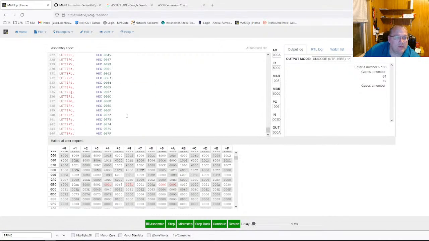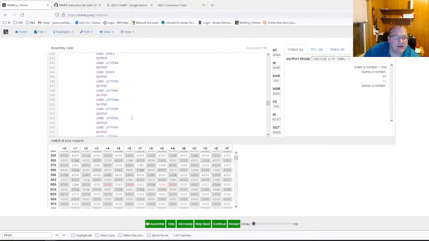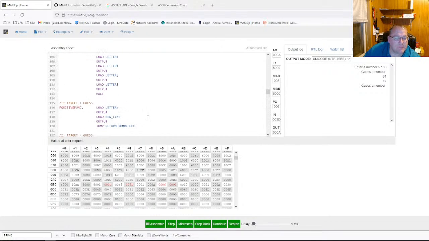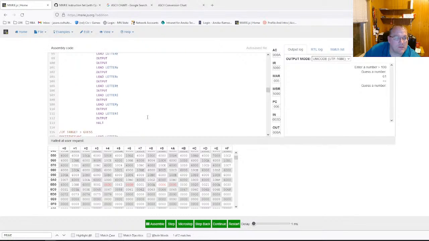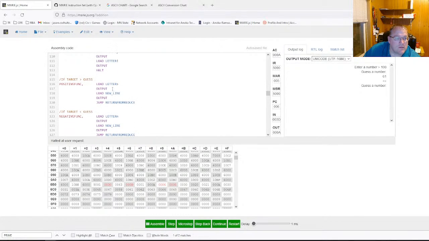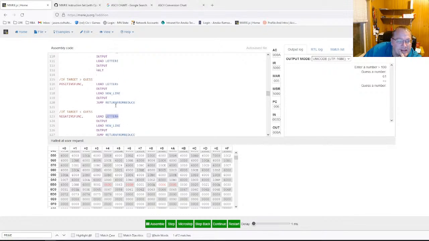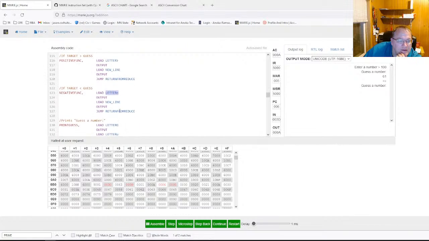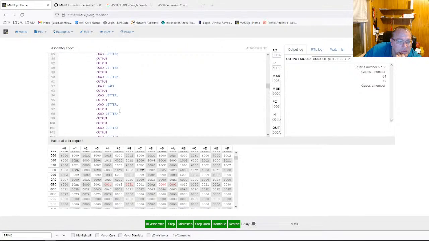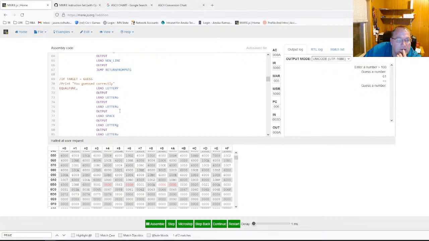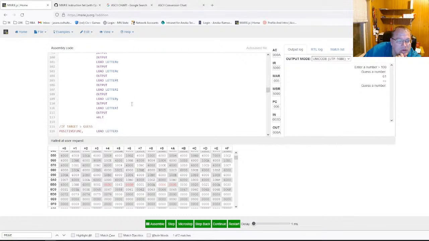No. So where's that equals coming from? Oh, I do have that. I have the greater than symbol. And this is N for negative. And so this is the equals.